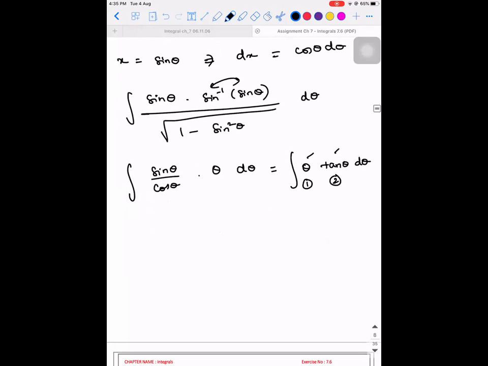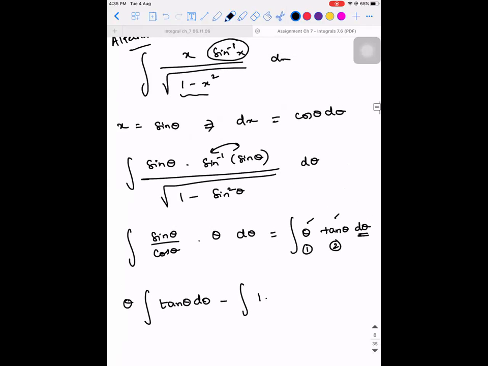Okay. So first function, since you're integrating with respect to theta, you have to be careful. First function into integral of second function minus integral of derivative of first function. dx is equal to cos theta.